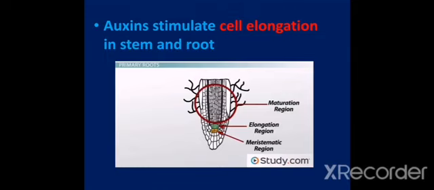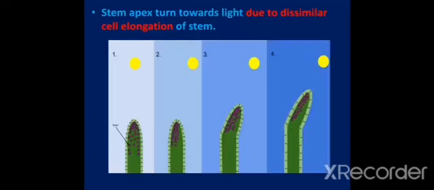Auxins stimulate cell elongation in stem and root. Stem apex turns towards light due to dissimilar cell elongation of the stem.